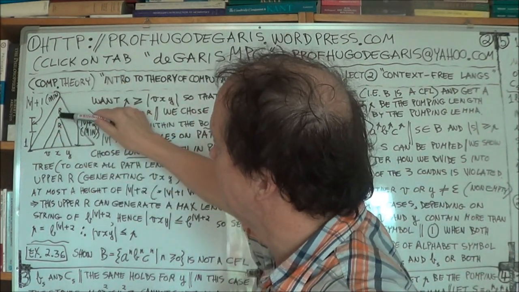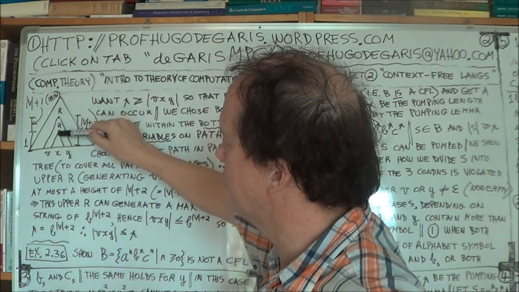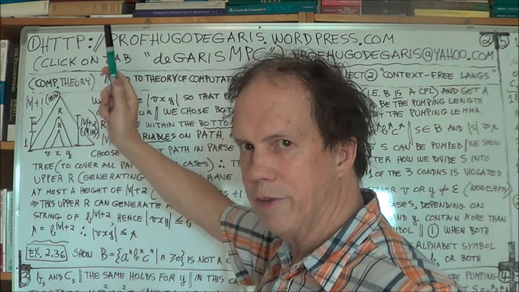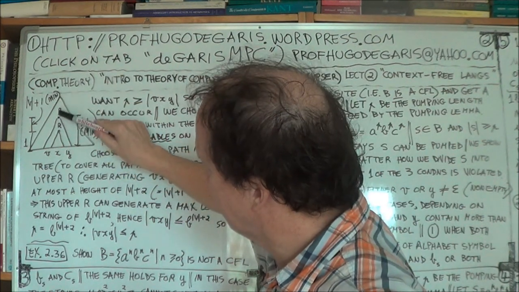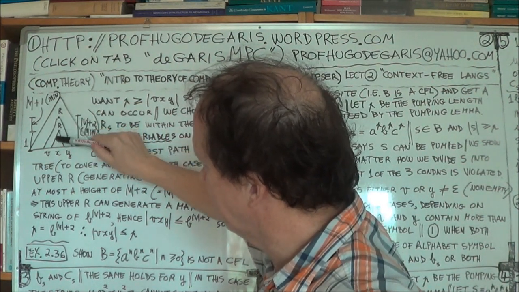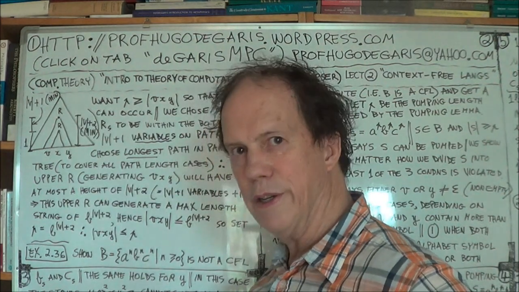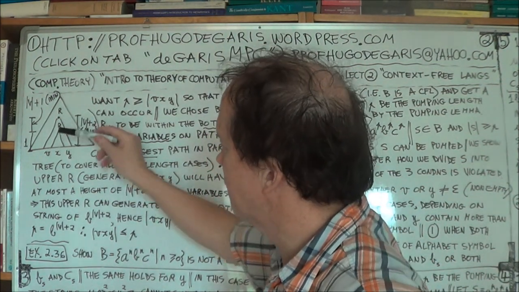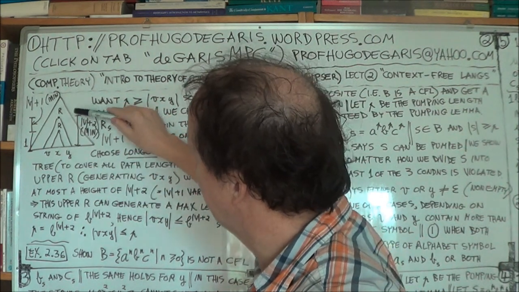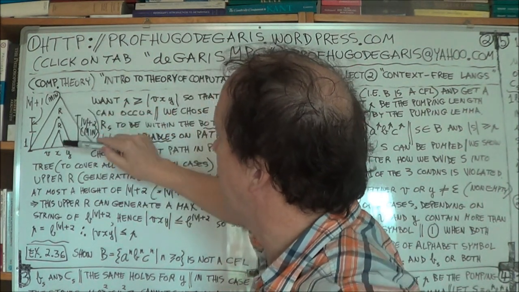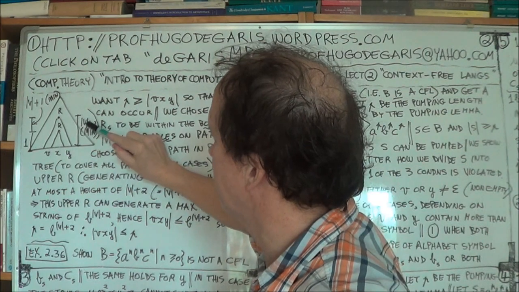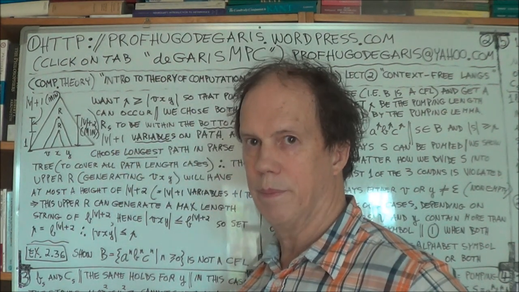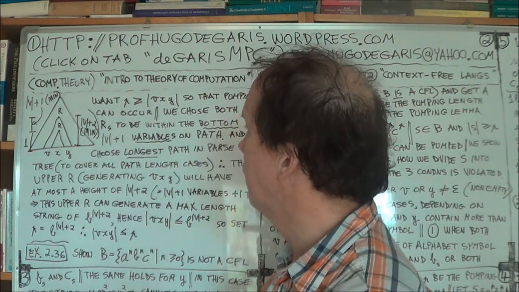You're going from R to R, they'll all be variables, and then the very last one from the second R to its leaf, a terminal. That's just one step. So from here to here, you have mod V plus 2 steps, minimum.